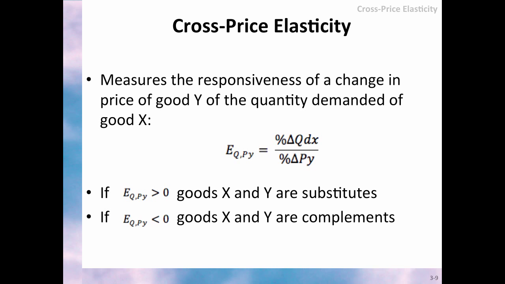All right. Another very important tool is the cross-price elasticity of demand, which measures the responsiveness of the quantity demanded of good X to a change in the price of good Y. Notice, we are mixing two goods, not only X, but now good X and good Y. When this elasticity is positive, good X and Y are substitutes, like chicken and beef, for example. When this elasticity is negative, good X and Y are complements, like gasoline and cars, for example.